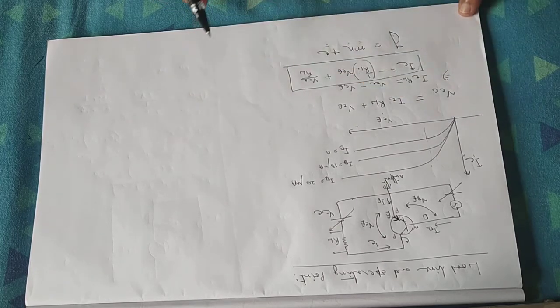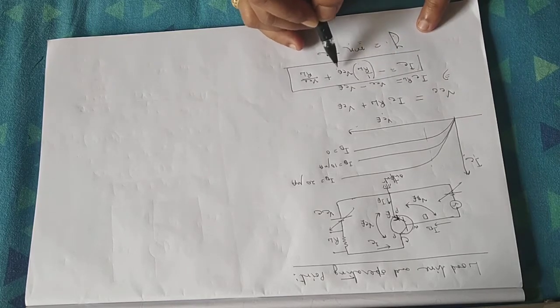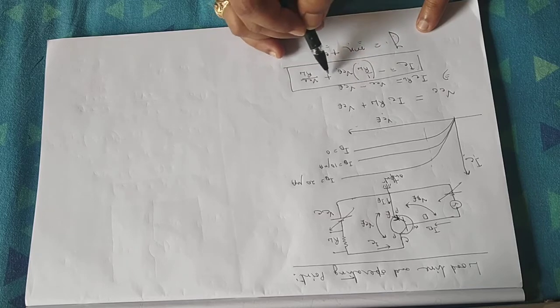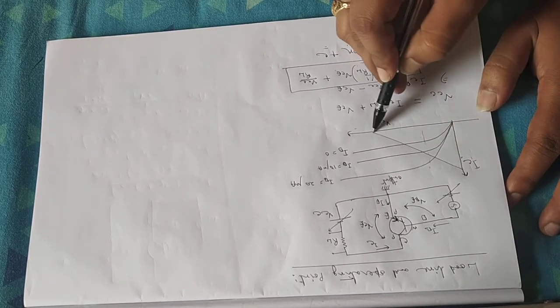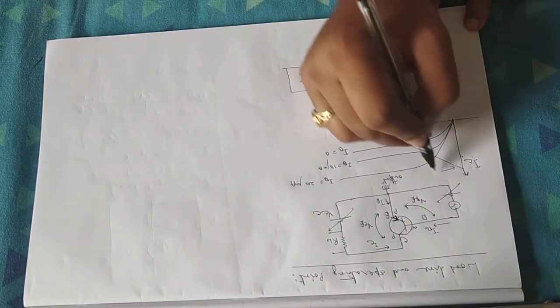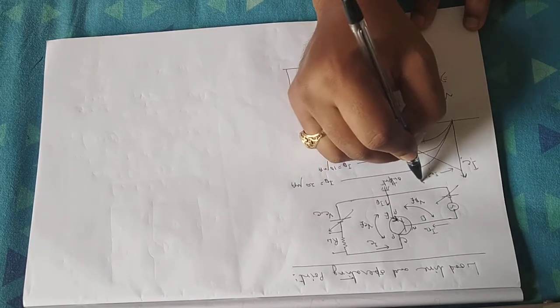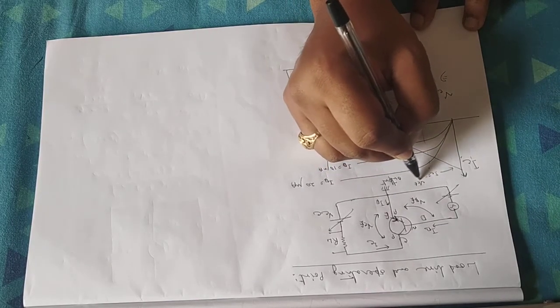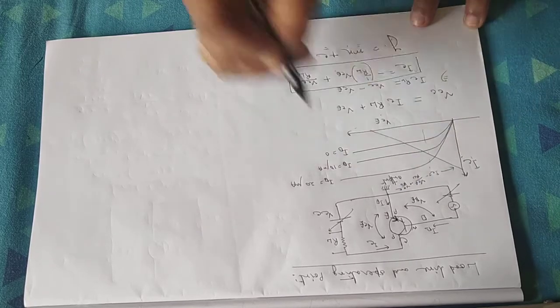So if I draw the straight line IC equals minus 1 by RL into VCE plus VCC by RL, where the slope is negative, the curve will look like this. This will be the equation: IC equals minus VCE by RL plus VCC by RL.